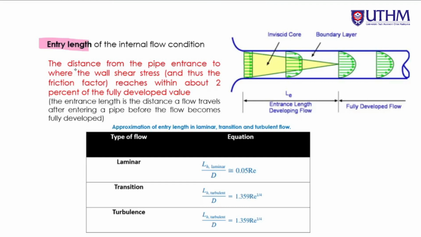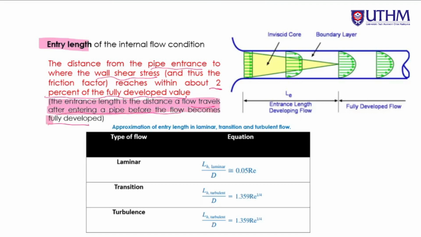By definition, entry length is the distance from the pipe entrance to where the wall shear stress and thus the friction factor reaches within about 2% of the fully developed value, and it is actually the distance of flow that travels after entering a pipe before the flow becomes fully developed. Okay, so this definition is much easier for you to understand lah.